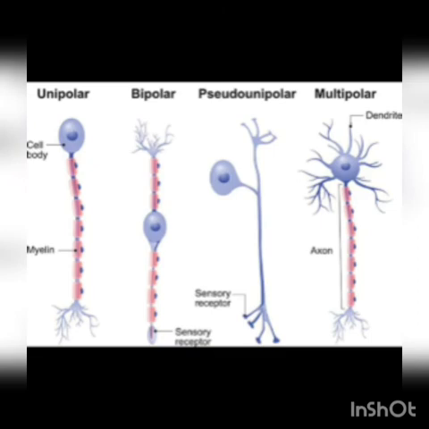Sensory neurons receive the stimuli and conduct them from peripheral receptors to the central nervous system. The second one is effector neurons or motor neurons.